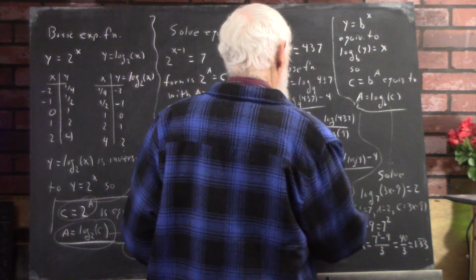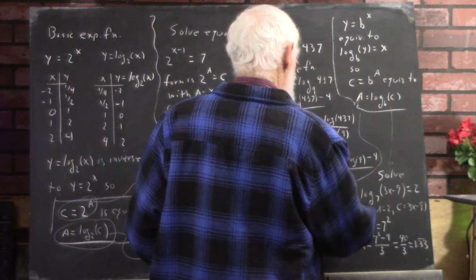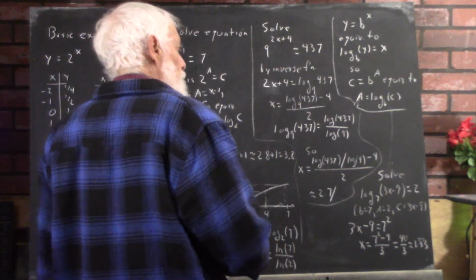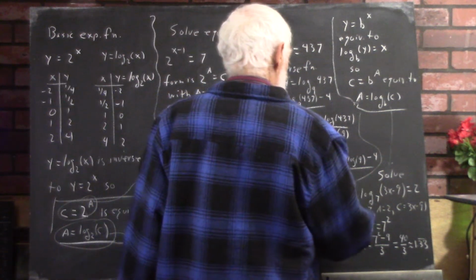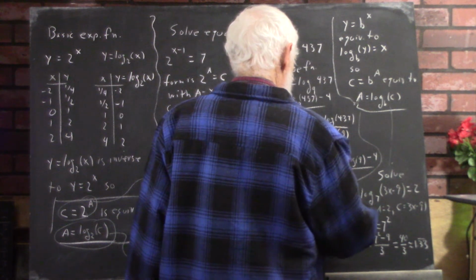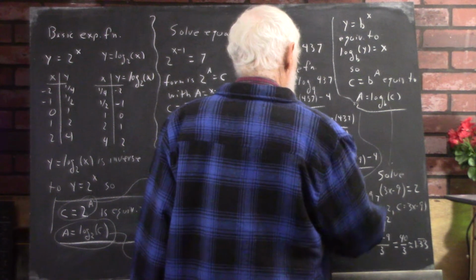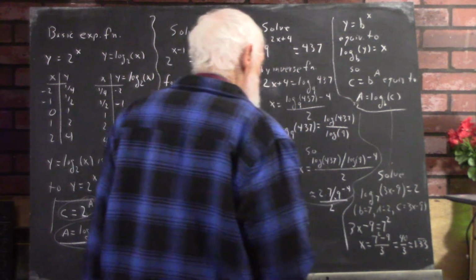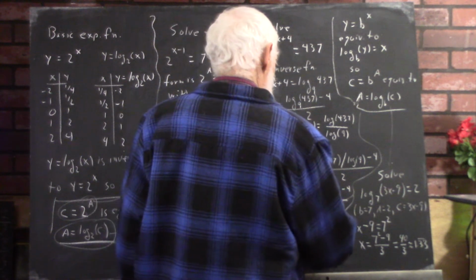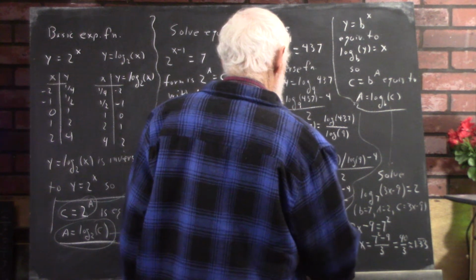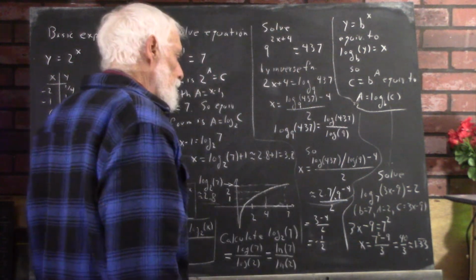And the log of 9 is about, well, I'm just going to say 0.9. That's not real accurate. Minus 4 over 2. And this is then going to be 3 minus 4 over 2, which is negative 1/2.